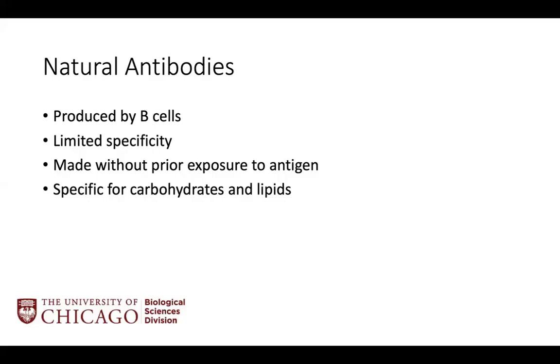They are unique because antibodies typically recognize proteins, but these natural antibodies are specific for carbohydrates and lipids. So, again, this is where we fall out of that normal paradigm that antibodies are made by the adaptive immune system and secreted specific for proteins. This is where it all falls apart in the innate immune system.